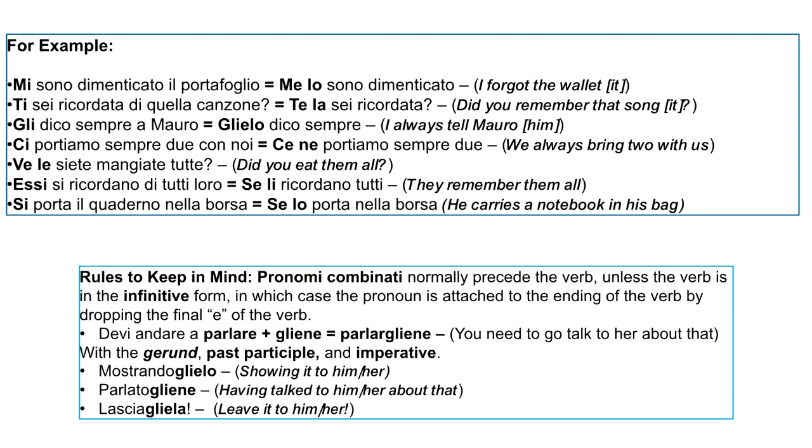Devi andare a parlare con lui about something, right? You have to go talk to him or her about it, about something. So you can combine it and say, devi andare a parlargliene. You need to go talk to her about that.